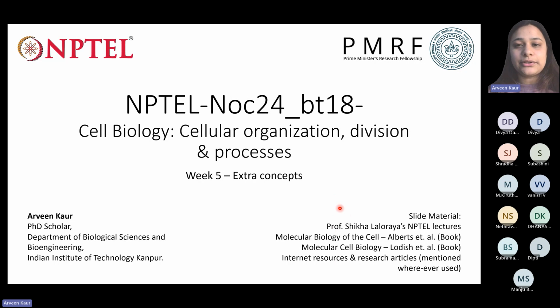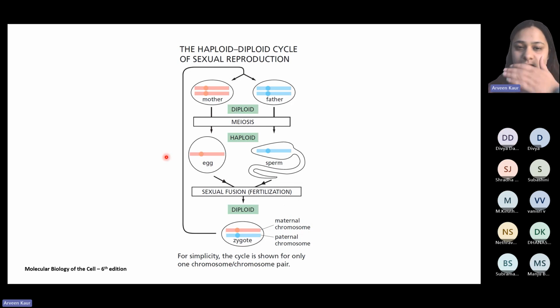As I said, nuclear localization is something we are going to add on in the next week's extra concept session, right? So I did want to speak about it as well, but I ran out of time while preparing the session.